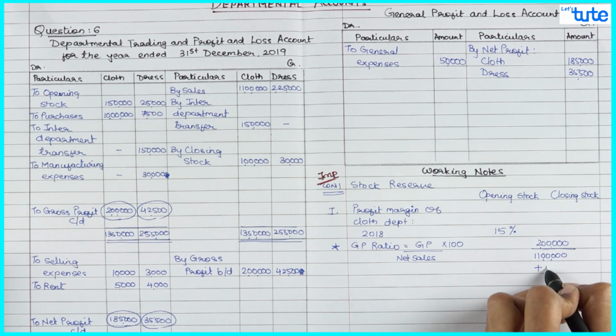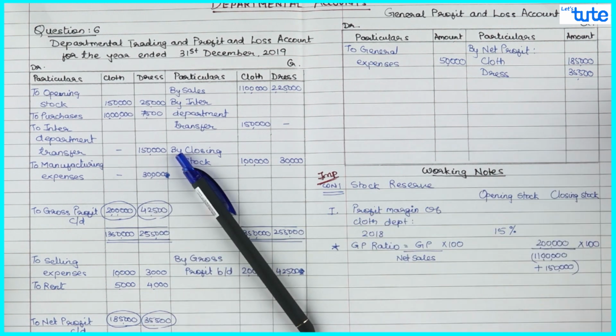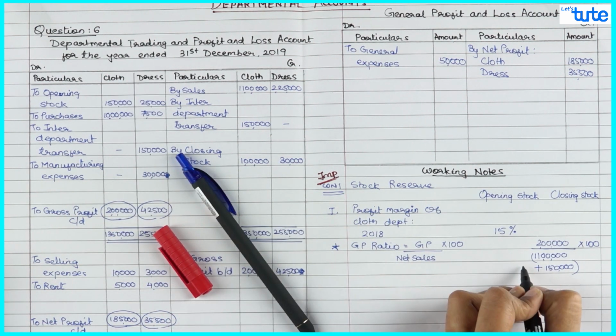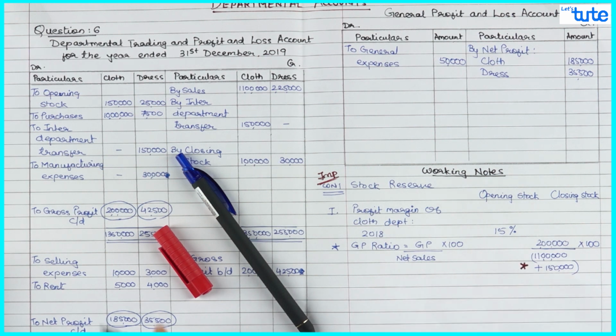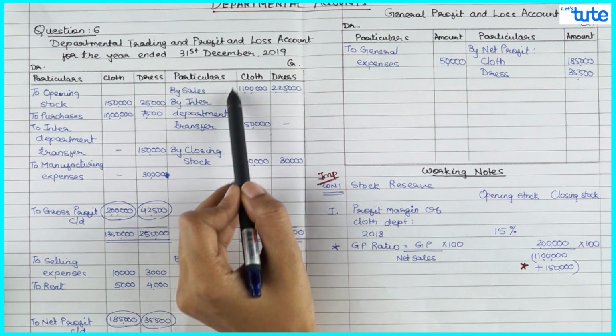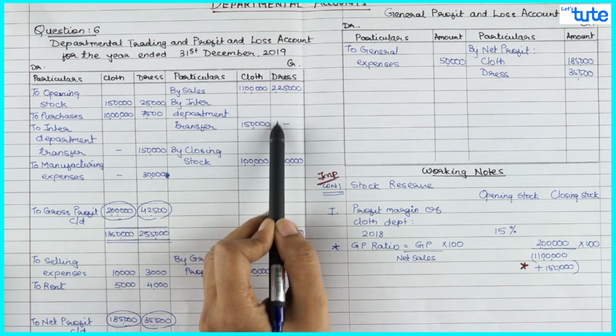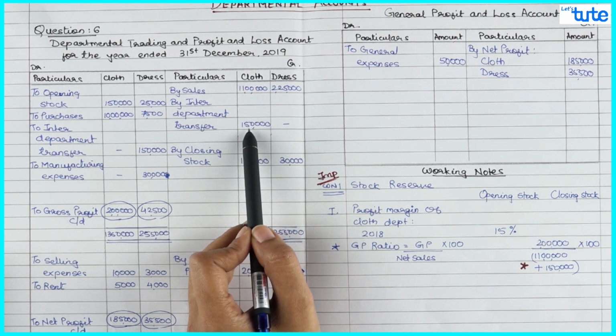plus 1,50,000 into 100. Now again, that was important, this 1,50,000, because for cloth department 11 lakhs is the sales to the outsiders. But cloth is also transferring some goods to dress department of 1,50,000.